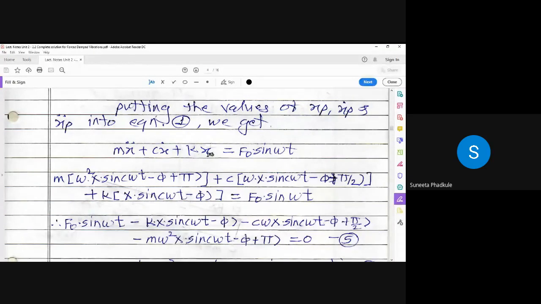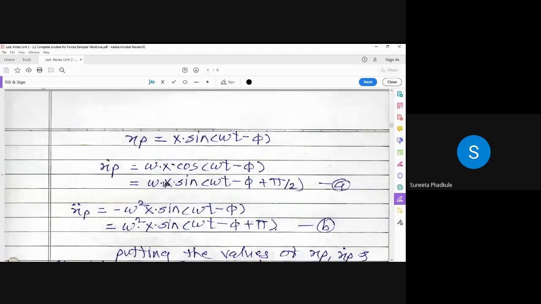We already know xp. Derive it and you will get xp dot; derive it twice and you will get xp double dot. Take the derivative with respect to t. So xp dot is equal to omega X cos of omega t minus phi. The derivative of sine is cos, and since it is with respect to t, the coefficient of t, omega, comes out. So it is omega X cos of omega t minus phi.